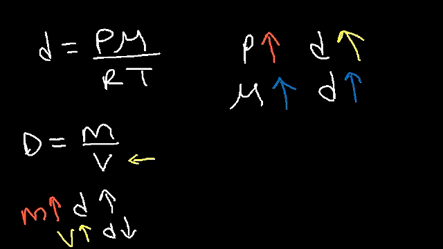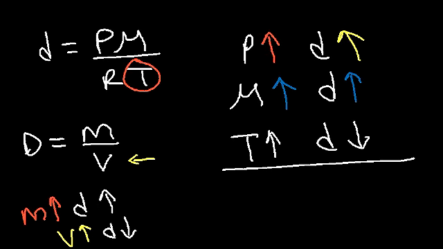So now let's look at temperature. Let's see how temperature affects gas density. As you increase the Kelvin temperature, if you double it, the density will decrease. Now keep in mind, think about Charles' law. If we have an expandable container, as you increase the temperature, the end result is that the volume will increase, of course, due to changes in pressure, but overall, whenever you increase the temperature, the volume goes up.